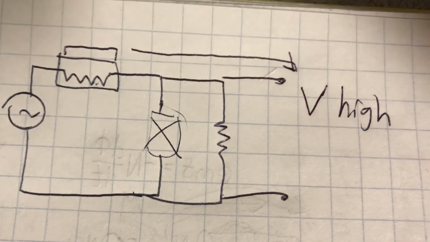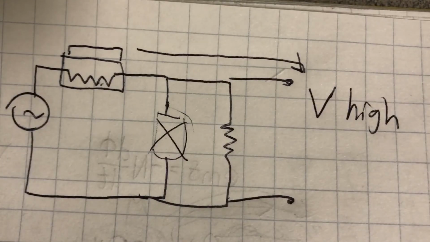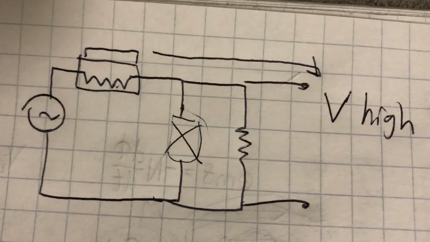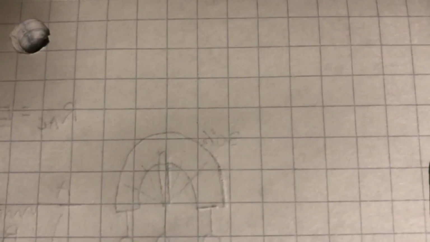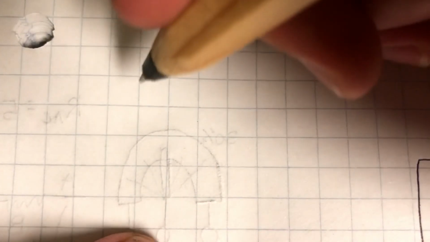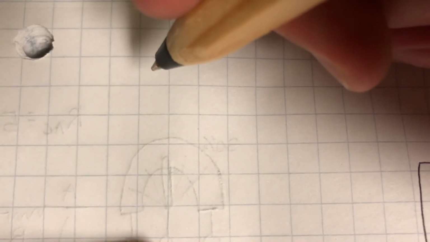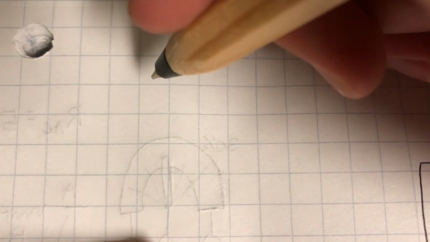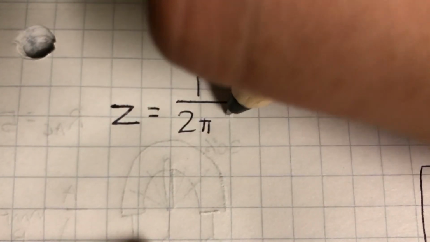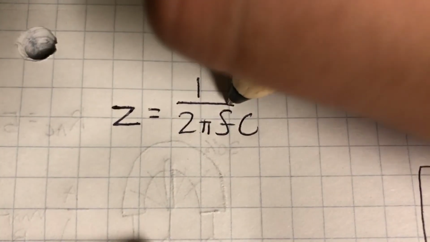Okay, so we can also look at it in a more mathematical fashion. So let me just get some more room here. So if we were to look at it mathematically at the impedances from the capacitors, we know that impedance Z for each capacitor is 1 over 2 pi times the frequency and the capacitance.